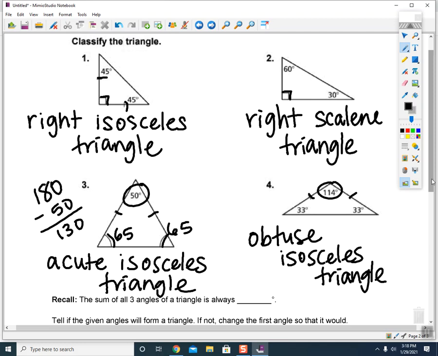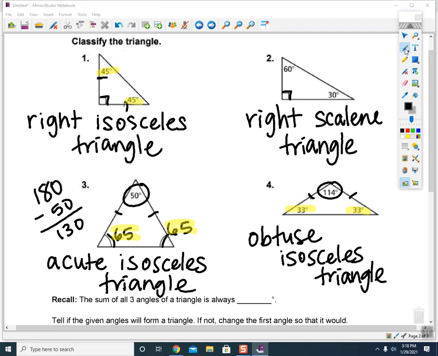As I'm looking at it, I'm noticing that, for example, in this top one, I have 45 degrees here and I have 45 degrees here. If I look at number 3, I figured out that each of these were 65. Over here, I have each of those being 33.